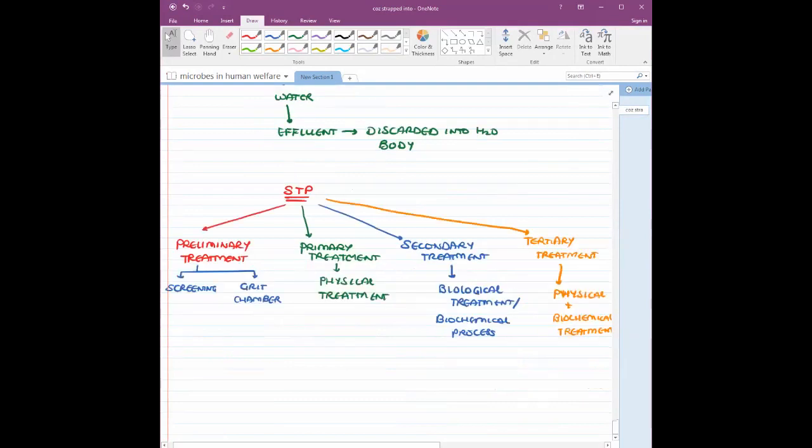Okay with this? Sure, no issues, guys. So first we are going to go into your preliminary treatment, then we will slowly see what is going to happen over there. So just have a look at how this works. Then we will slowly see.